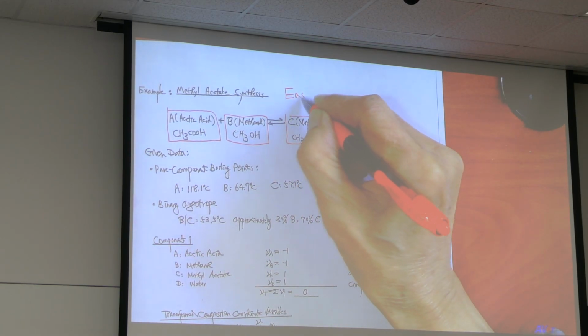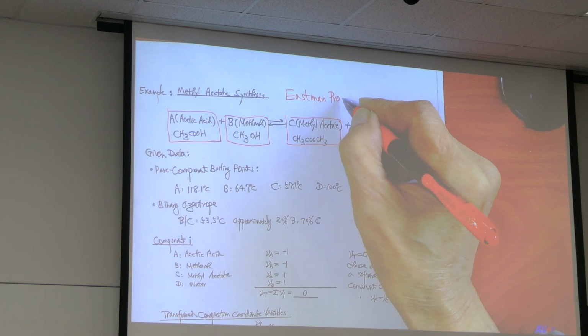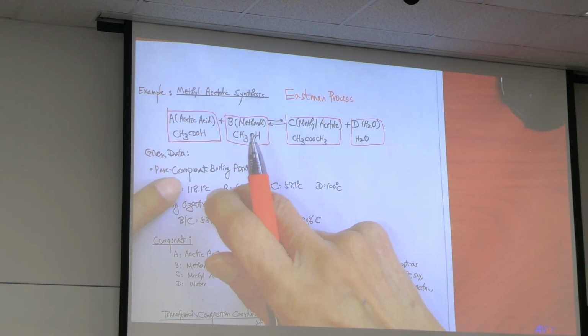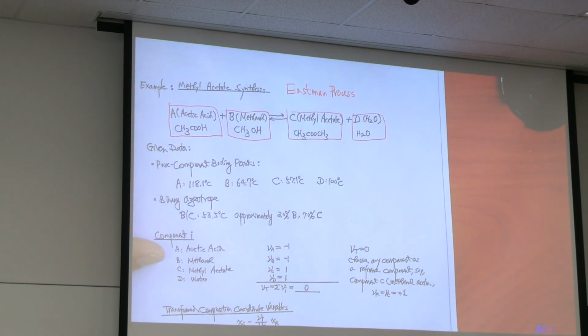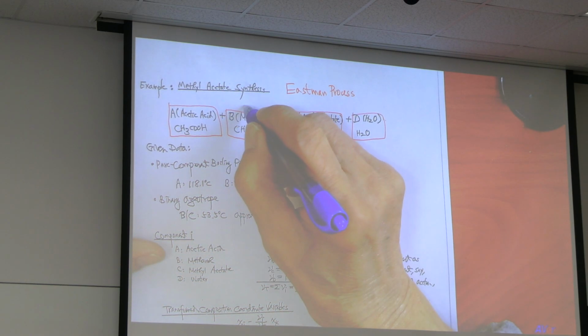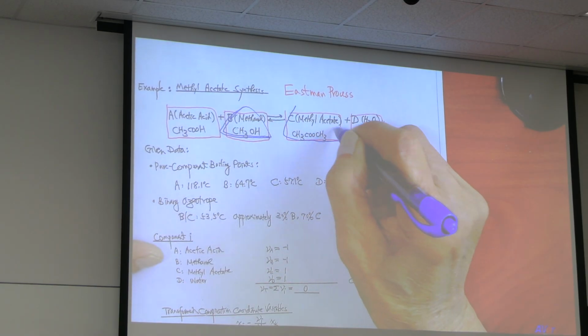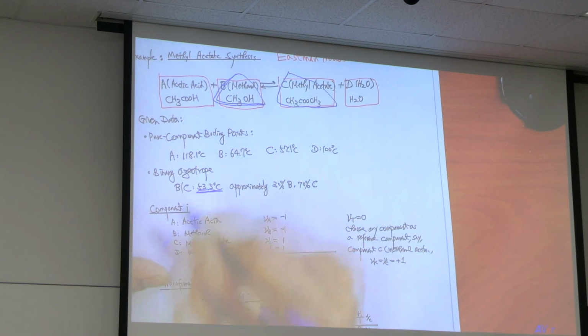This is the Eastman process. Given data, pure component. Now the trouble is reactant and product form an azeotrope.